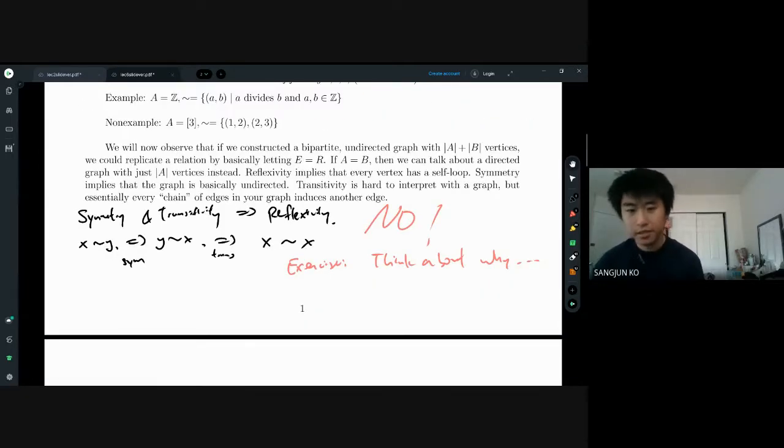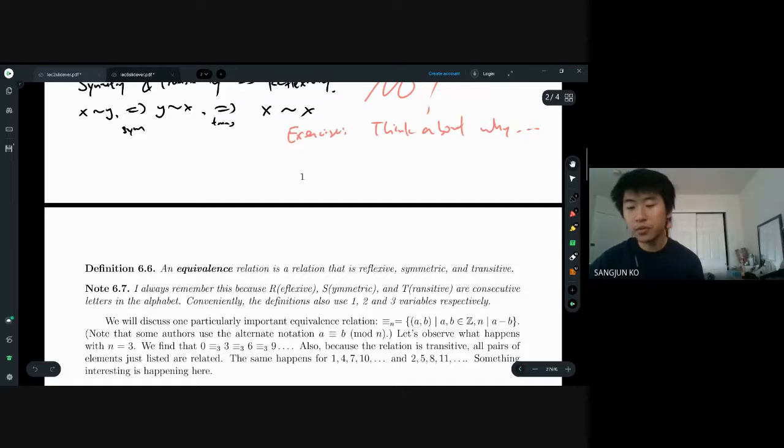Is everyone okay? In the absence of any objections, I'm going to move on. So that just basically tells us all these three.